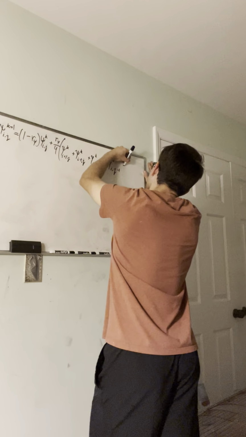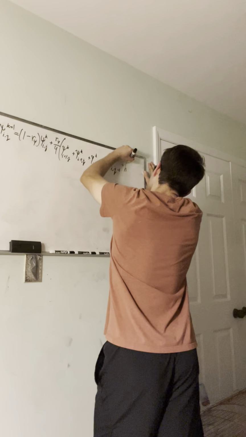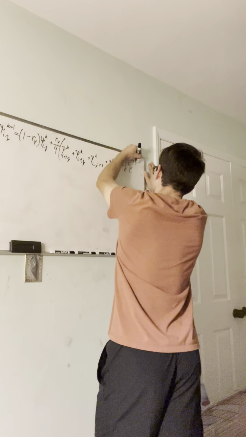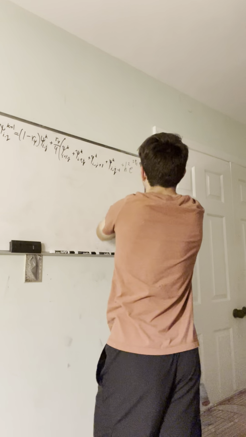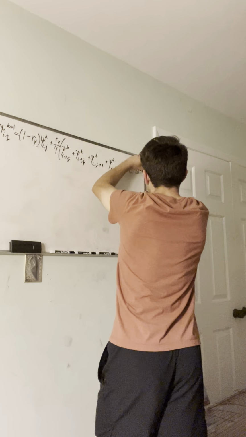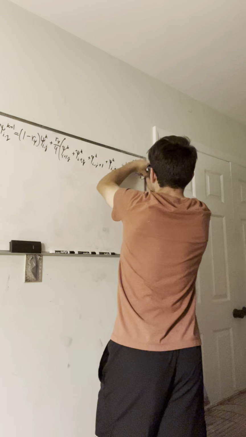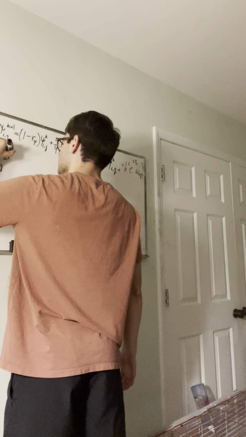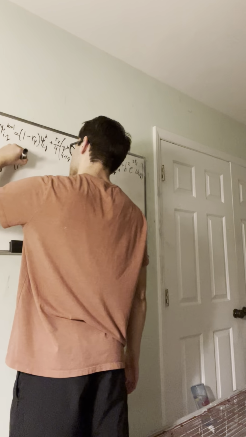Then it goes to h squared e to psi, i, omega i j. Then omega. There's really no big difference.